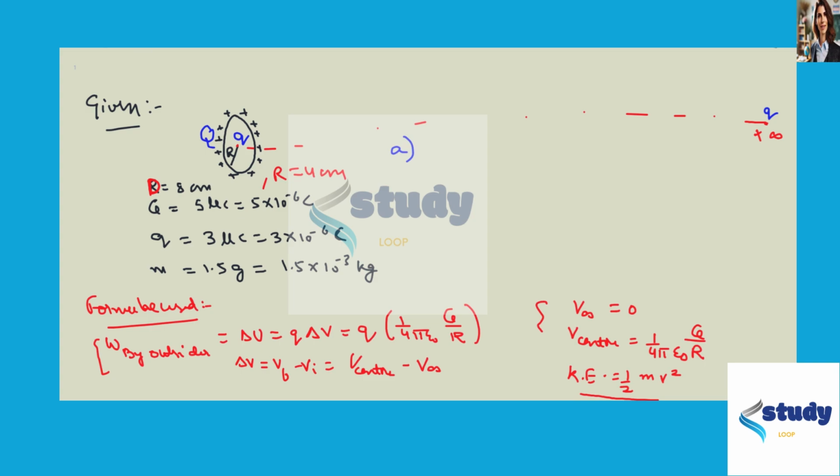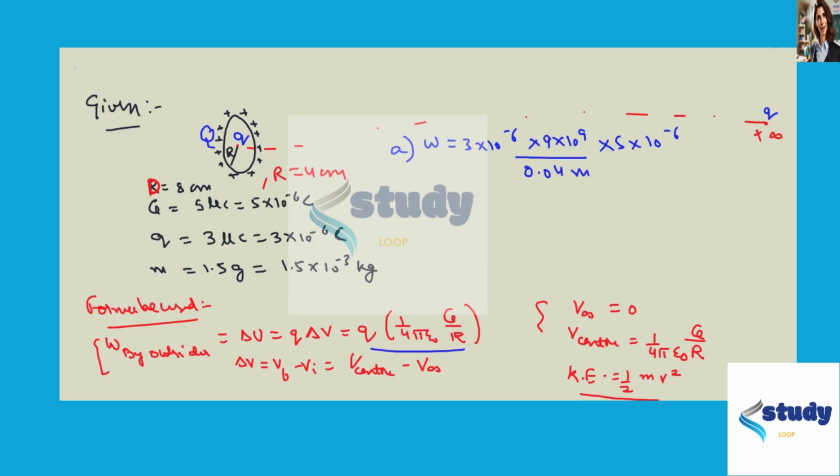So we will use these two formulas. Delta V is V final minus V initial, where V final is at the end and V initial is at infinity. Putting in these values, the work done W equals q, which is 3 into 10 raised to minus 6 coulomb, into 9 into 10 raised to power 9, which is 1 over 4 pi epsilon naught, into Q, which is 5 into 10 raised to minus 6 coulomb, over R. R is 0.04 meter.